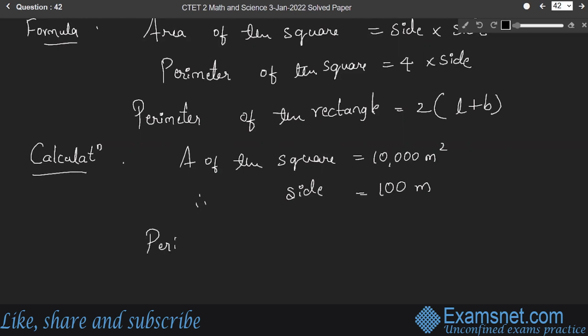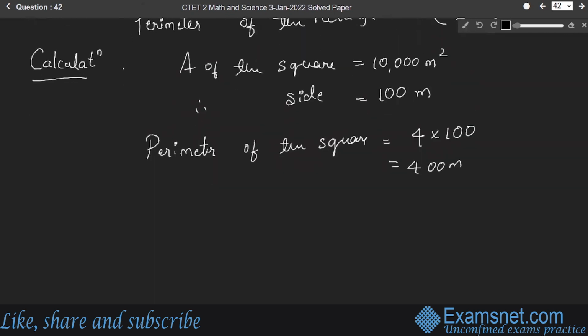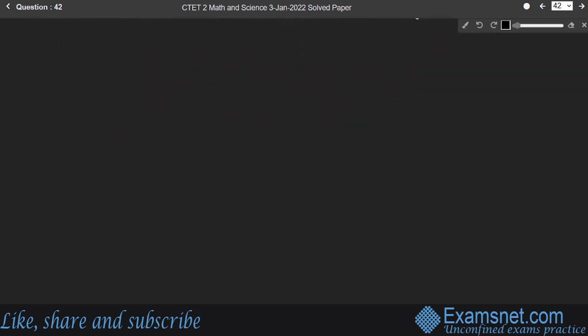Perimeter of the square is 4 times its side, which becomes 400 meter.